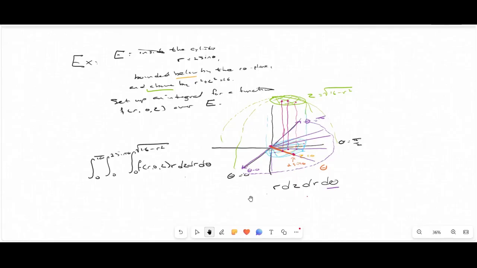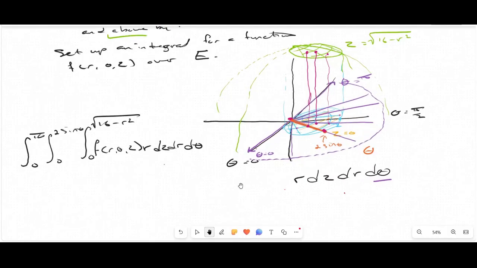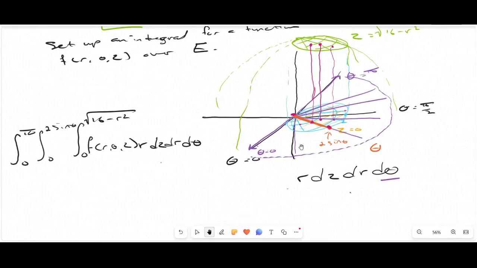I have a hard time convincing students to take my recommendations for how to think about these things. I strongly recommend you do this little story in your head. Theta is on a journey. It's making its way from 0 to pi. And that's what this outer instruction tells you.